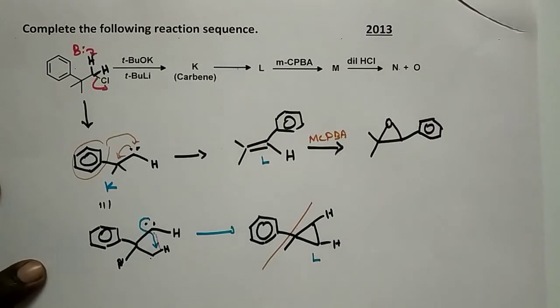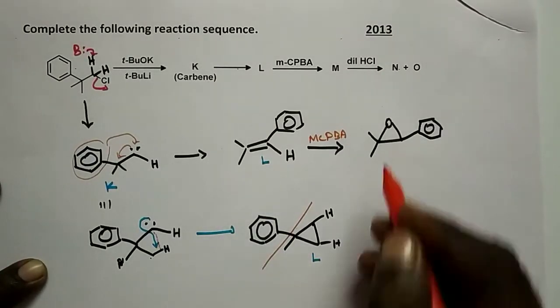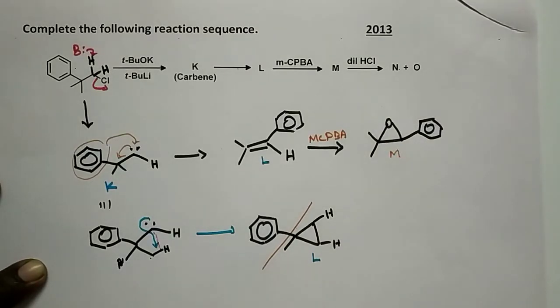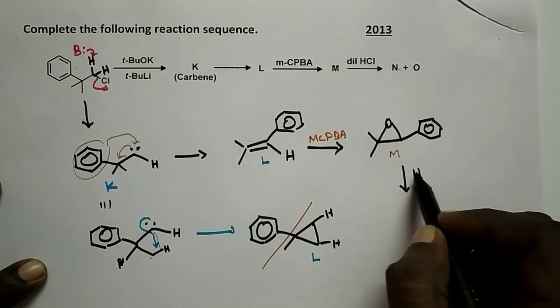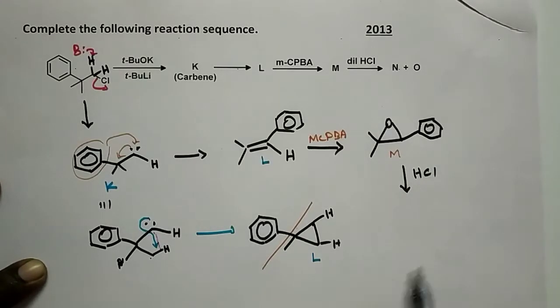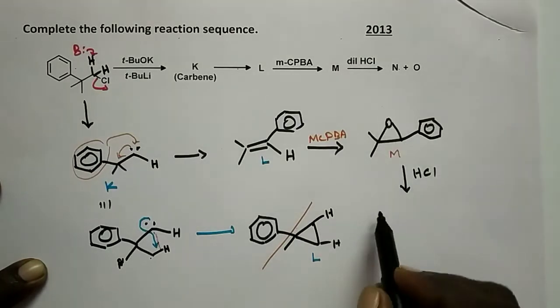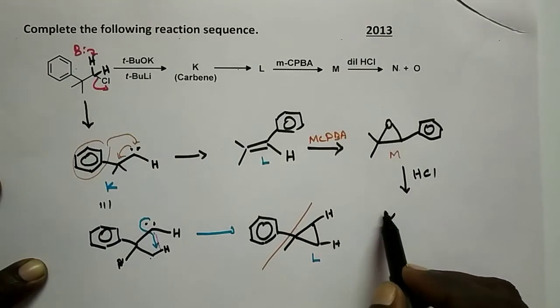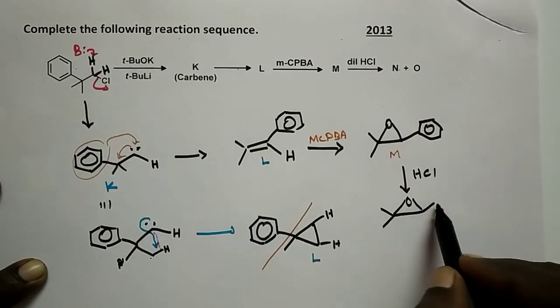Next, what you got is M. This is M. And what is the next step? HCl. If I go for HCl, hydrogen can attack this epoxide oxygen.